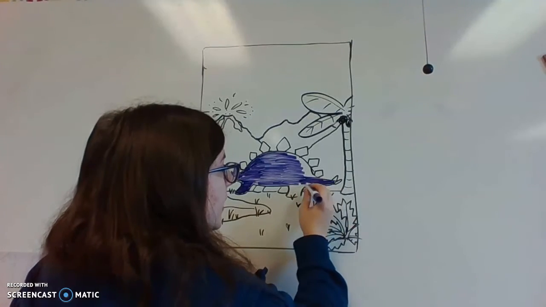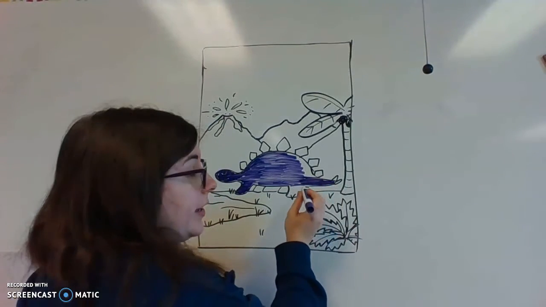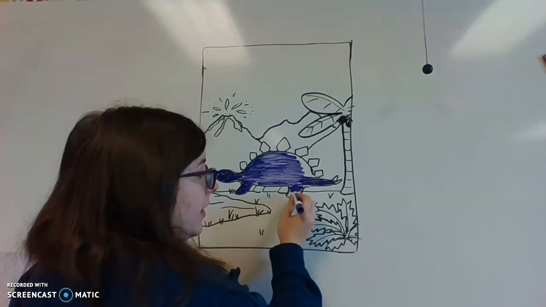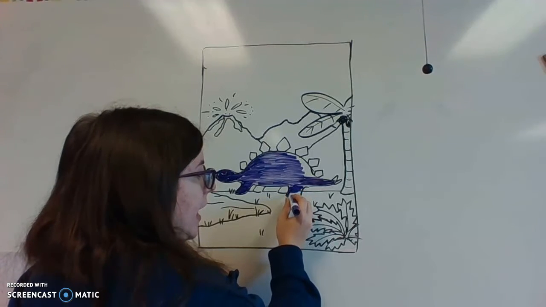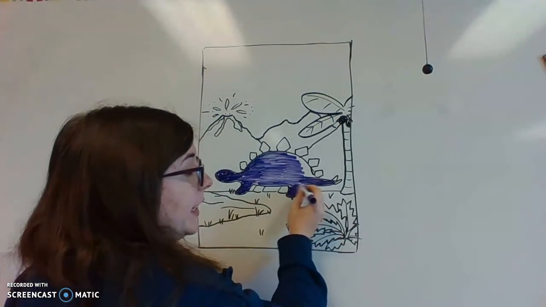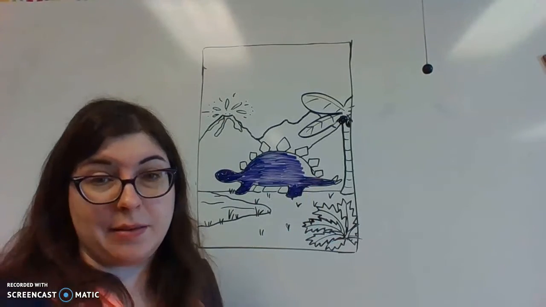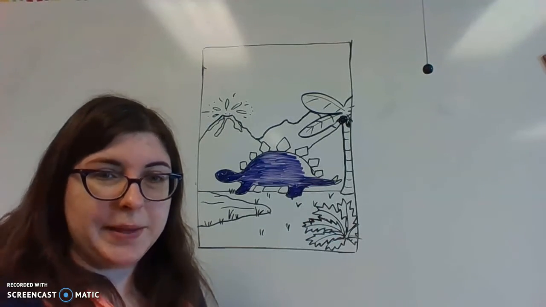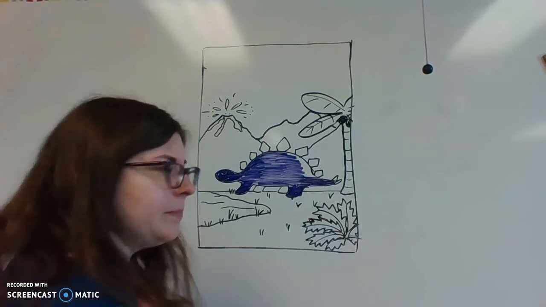Another tip is try not to have two areas that touch be the same color. What I mean by that is if you decide to color your dinosaur green, the grass should not be the same shade of green because then you won't see your dinosaur anymore.